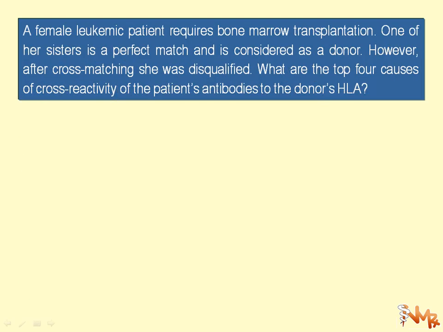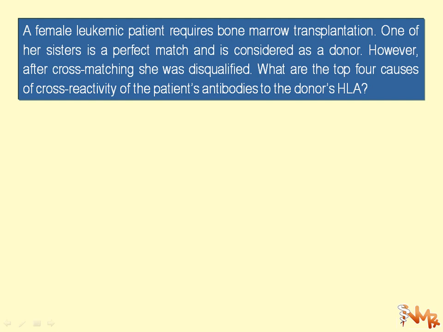A female leukemic patient requires bone marrow transplantation. One of her sisters is a perfect match and is considered as a donor. However, after cross-matching, she was disqualified. What are the top 4 causes of cross-reactivity of the patient's antibodies to the donor's HLA?